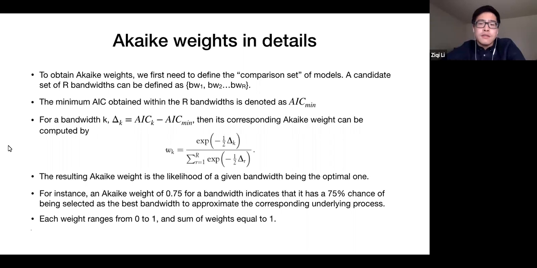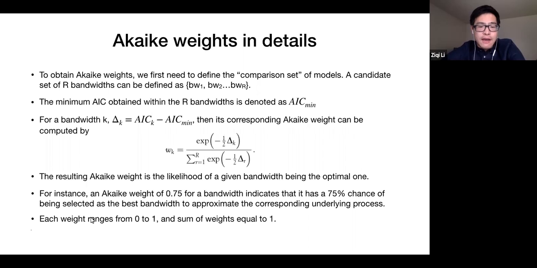Here in this case, we're interested in a set of candidate bandwidths from bandwidth 1 to bandwidth R, for example. And we calculate the minimum AIC from these R bandwidths. For each bandwidth, we can calculate the delta, the difference between the AIC based on this bandwidth and the minimum AIC. And we can also calculate the Akaike weight linked to that bandwidth K, w_K.